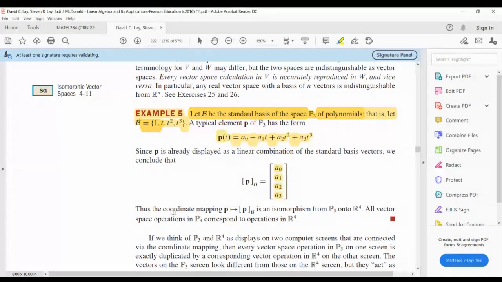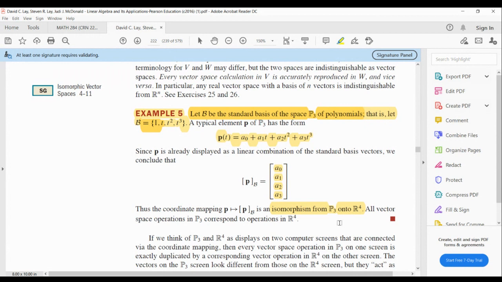So we call this coordinate mapping. Here you have an isomorphism from the polynomial space onto R4.